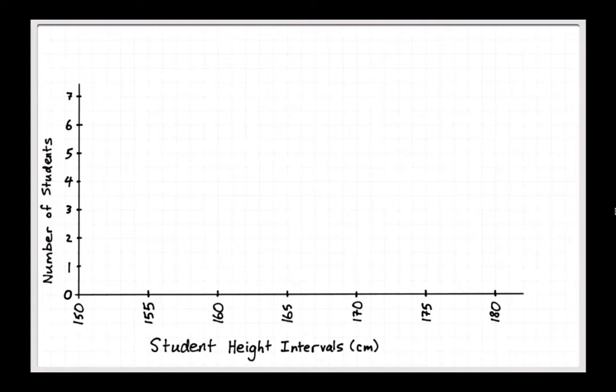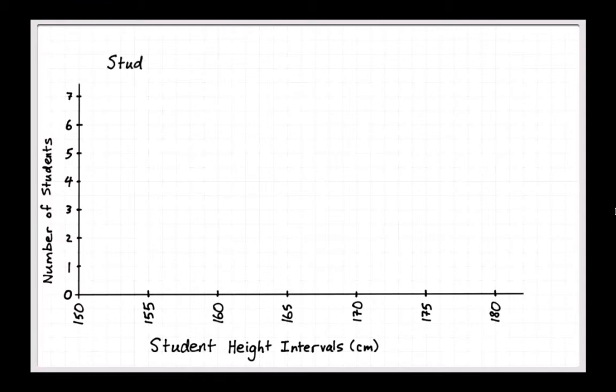You notice that I didn't just go 150, 155, 160 and squish it all into a very small space. I'm trying to use up all of the space that I have for graphing here. This would correspond to about half a page for you. You could certainly take up an entire page if you wanted to, but this is fine.